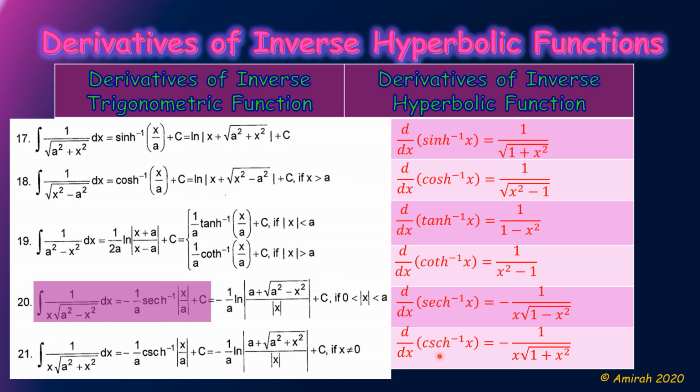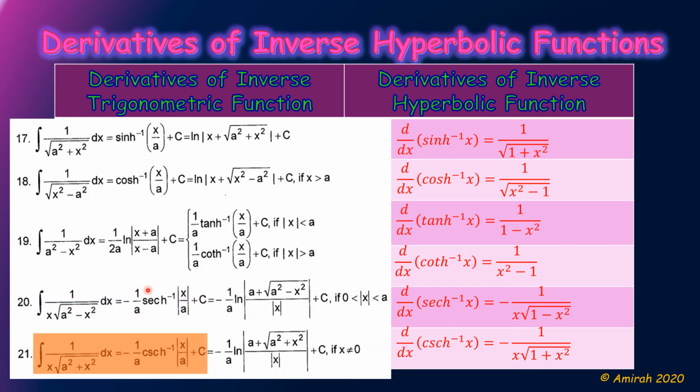And the last one, to find the formula for the derivative of inverse cosec x, we retrieve from formula number 21 in the appendix. Again, we move the integration symbol to the right hand side, so we have the derivative formula, and we move the negative to the left hand side. At the same time we replace a by 1.